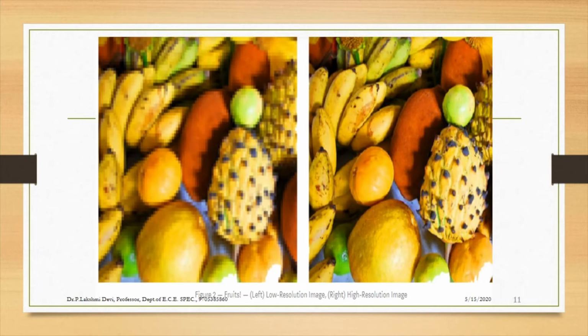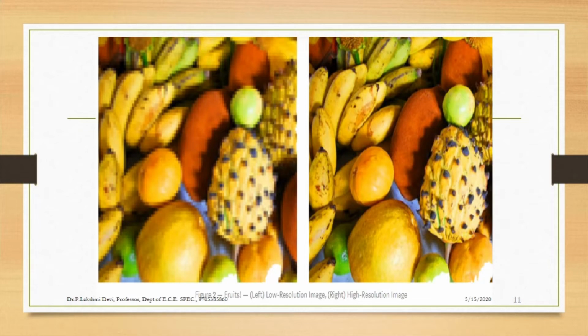You can observe here two fruit images. The first image is a low resolution image and the second image is a high resolution image. By observing with our human eye, we are in a position to identify the difference in quality between the first image and the second image.